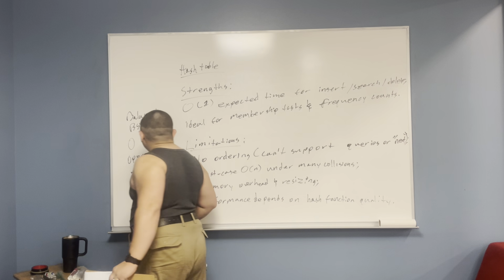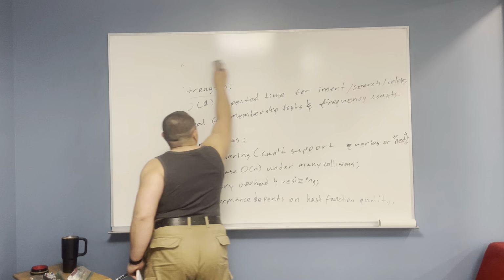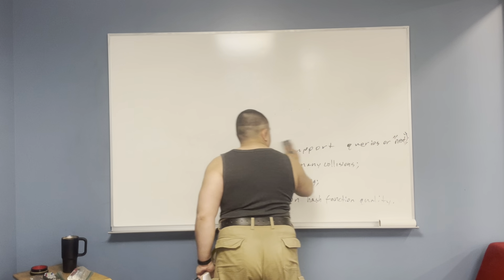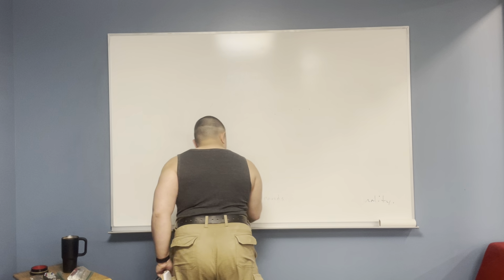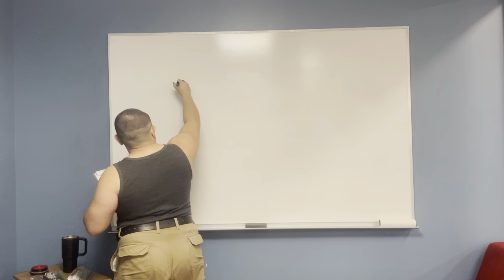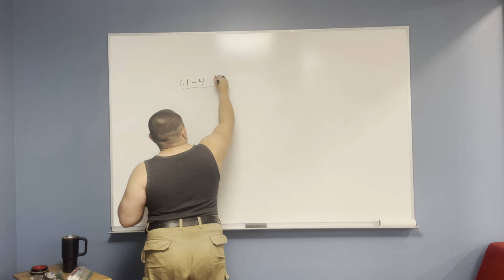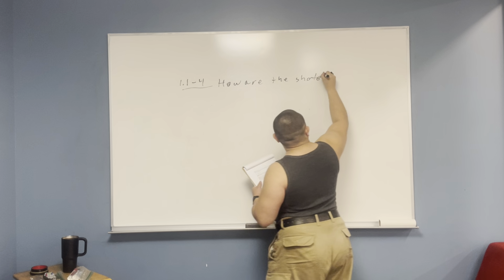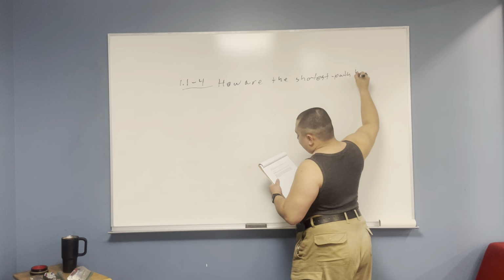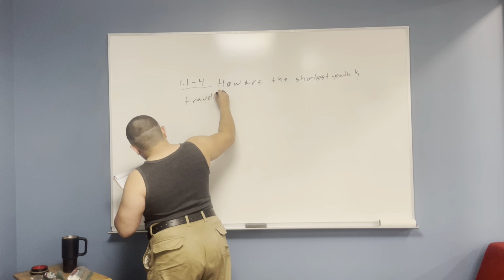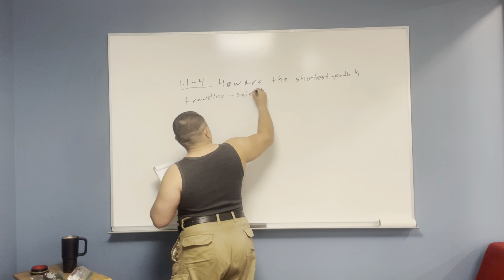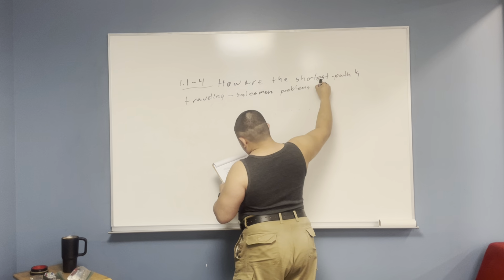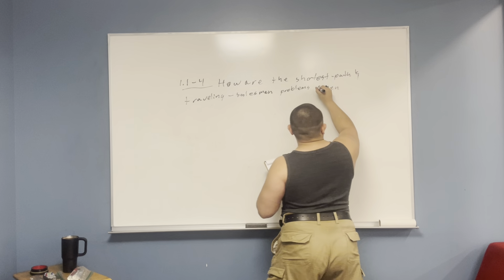Well, we'll do one more, and we'll call it quits for now. So exercise 4, 1.1-4, asks how are the shortest path and traveling salesman problems given, well, similar.